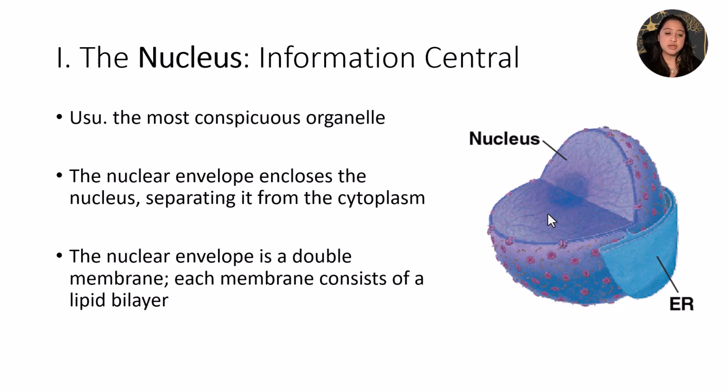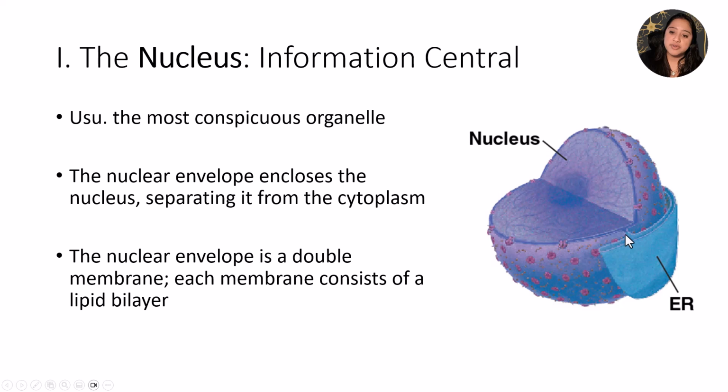The nucleus is also usually the most conspicuous organelle, meaning it's the most obvious to see. We did see that in the pictures in part 1 of this lecture. You could see, not that much detail, but you could see the nucleus in the middle. It is a pretty large organelle compared to all the others, and it's the most conspicuous.